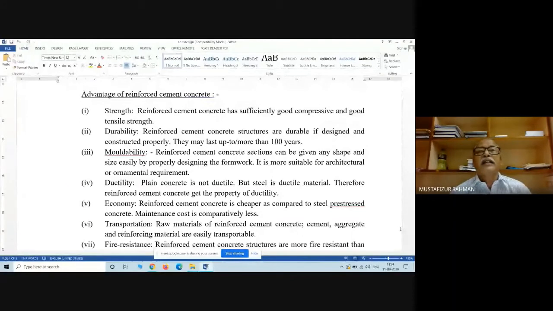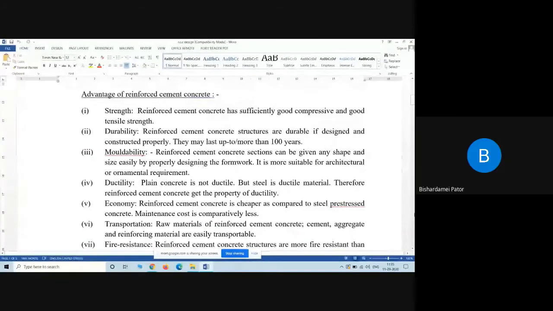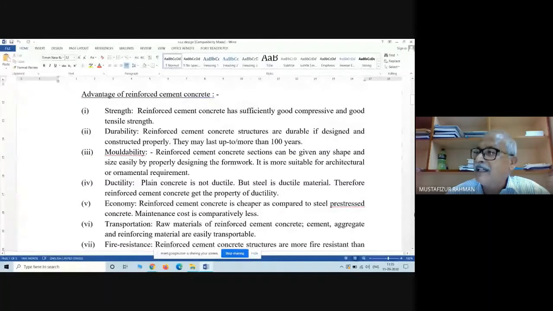because the reinforcement material that we are going to utilize is steel. I think all of you know what is the bad effect of steel. What is the susceptibility of steel? Rusting.